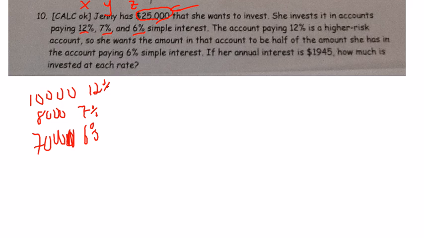Now the other piece of this is that that's not the answer that I wrote over there. I'm just trying to help you understand it. This number over here is her target annual interest. So if you were to take this and multiply it by 0.12, and this by 0.07, and this by 0.06, and then add all of those up, you get 2180.